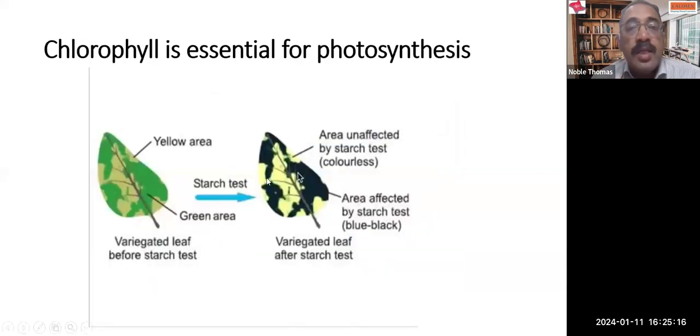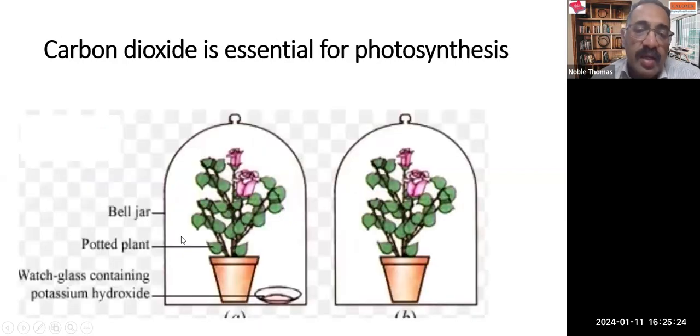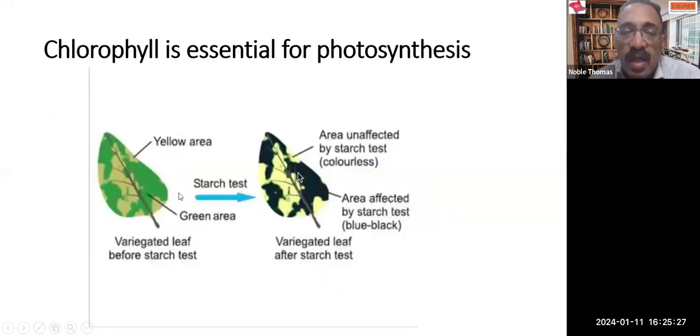Okay, this is another one explaining that chlorophyll is essential for photosynthesis, where we are taking a variegated leaf. A variegated leaf is a leaf that has different patches. We prefer a leaf that has green and white patches, and then we do the same experiment: de-starching, putting it in the sunlight for a few hours, then decolorizing, and then doing the starch test on it.